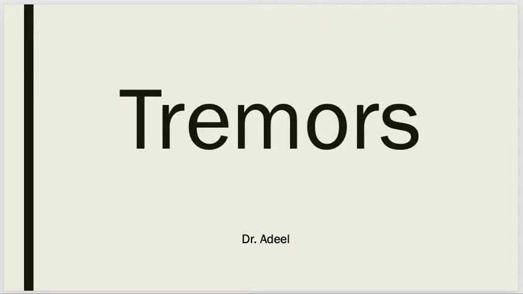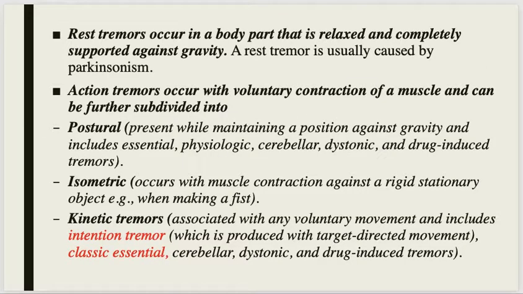So, what is tremor? Tremors are basically involuntary, rhythmic movements which occur in the body. We call them tremor, and this is a kind of movement disorder. When we talk about movement disorders, most of the abnormal movements or movement disorders are basically linked to the basal ganglia.